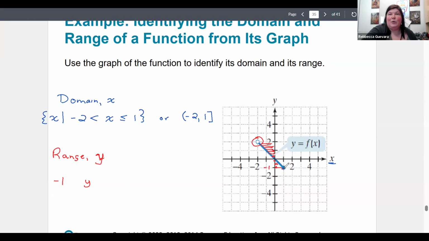My smallest possible y value is -1, and it is included because that's a closed point. And my largest possible value is very, very close to 2, but not actually 2 because that's an open point. So the range of y is -1 ≤ y < 2. Or, in interval notation, bracket -1 because -1 is an included point, and parenthesis 2 because 2 is an open point.